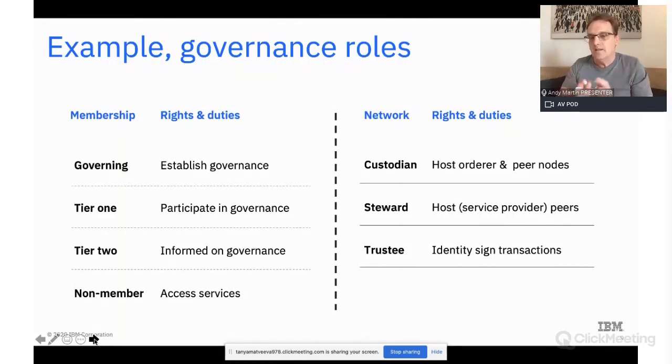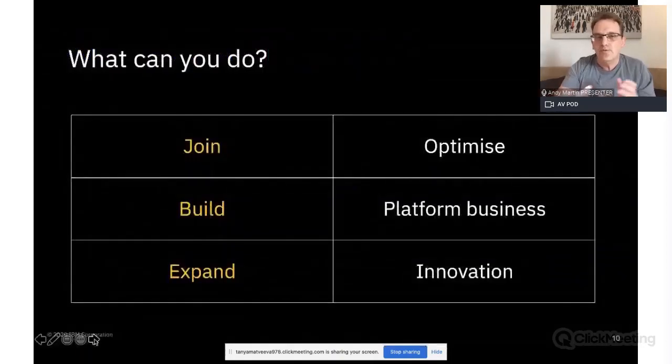So my last slide then is, well, what then are the 3 entry points for you to think about bringing blockchain into your business? Well, the first thing is you could join an existing network. And there are quite a few of these networks which are starting to be set up now.